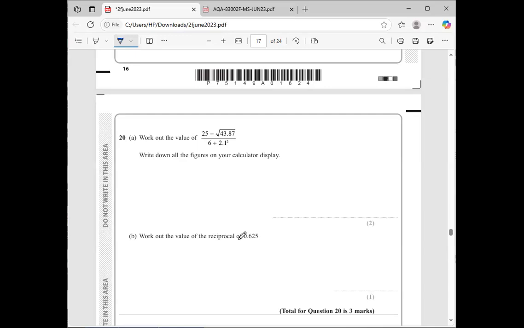Reciprocal. You've heard me talking about reciprocal several times before, right? Reciprocal simply means making the denominator the numerator and making the numerator the denominator.